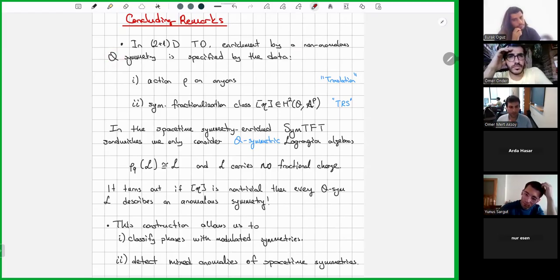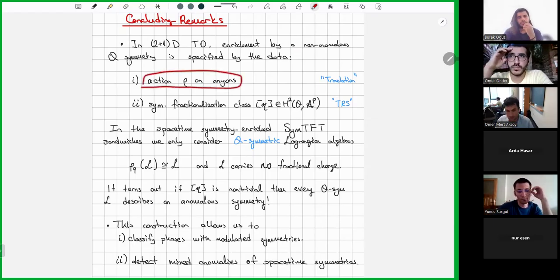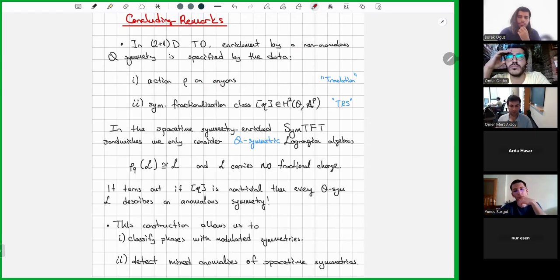There are two data that come into play, and we had seen simple examples of that. First, there's an action on anyons, rho. This rho is some sort of automorphism that can permute the anyons. But more generally, there's an asterisk here. It can act even more than that. It may not permute the anyons, but it can have a non-trivial action on the junctions of anyons. So the possibilities are a little more than just permutation. The second data is the symmetry fractionalization.